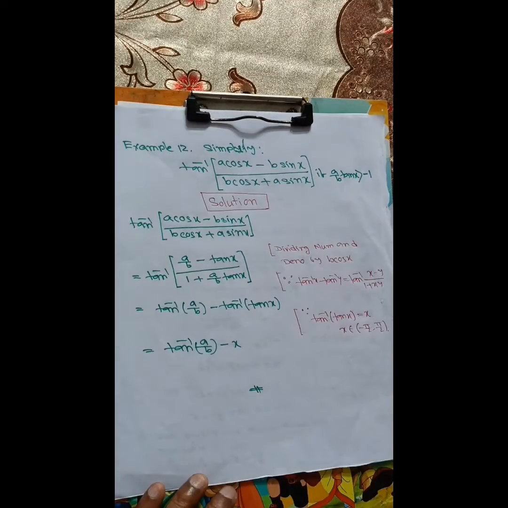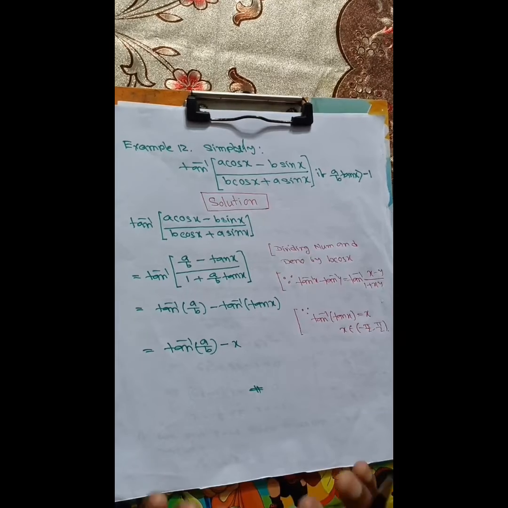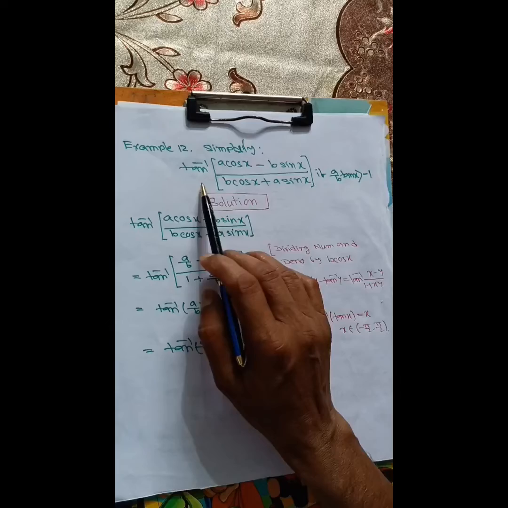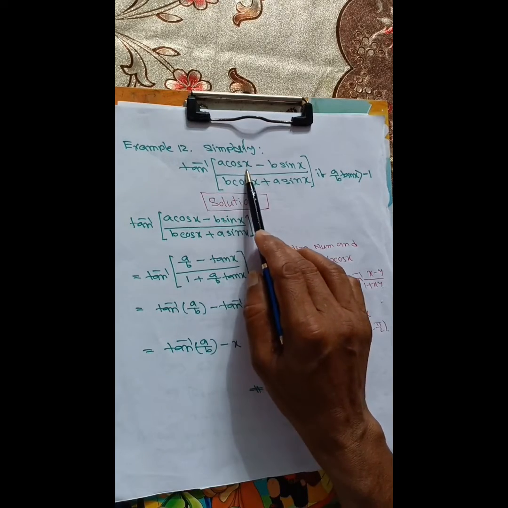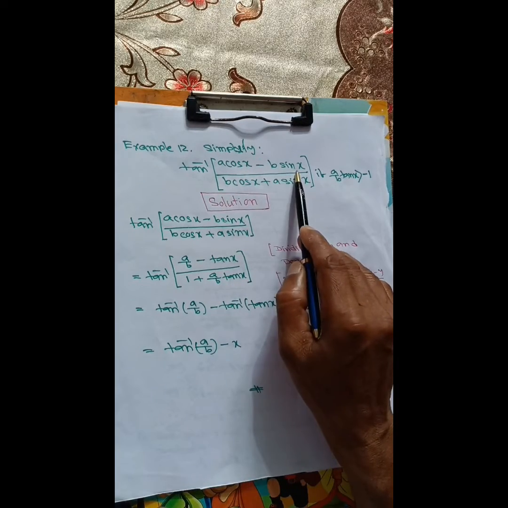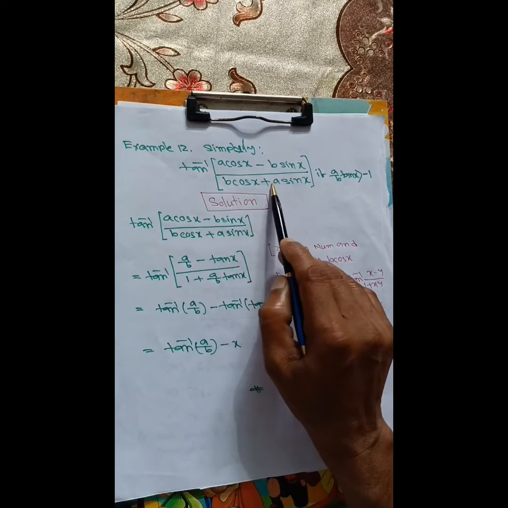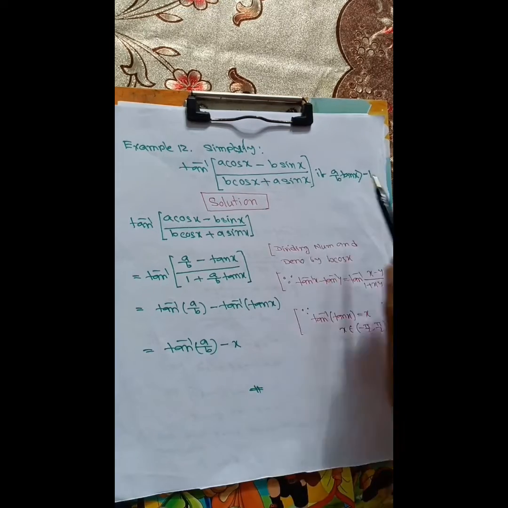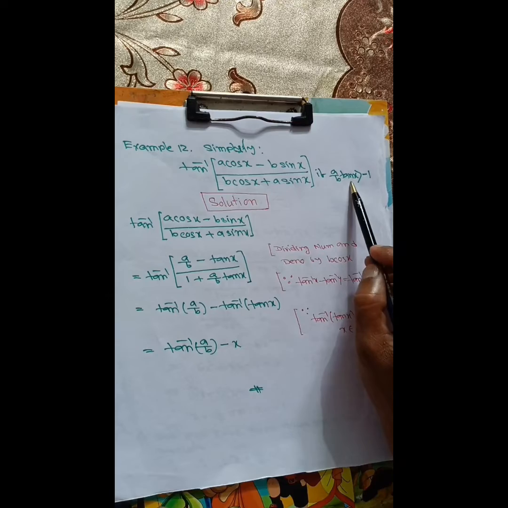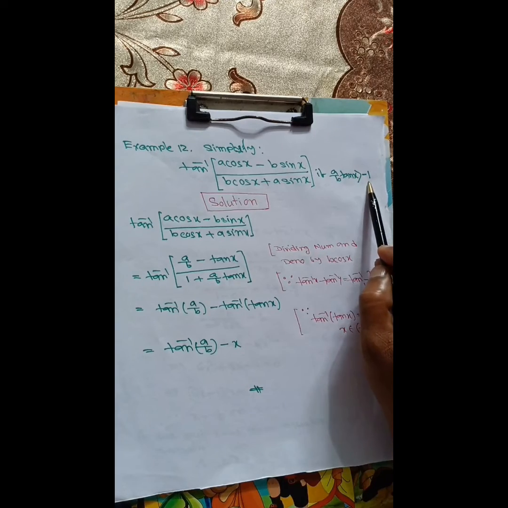Now we are going to discuss example number 12. Example number 12 is a very simple problem. In Example 12, we are given to simplify tan inverse of a cos x minus b sin x divided by b cos x plus a sin x, if a by b tan x is greater than -1.